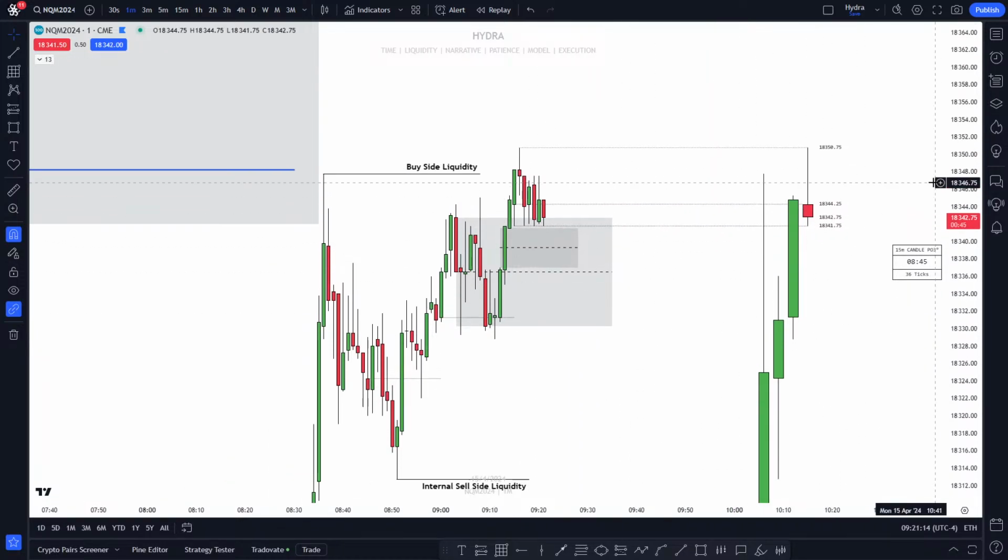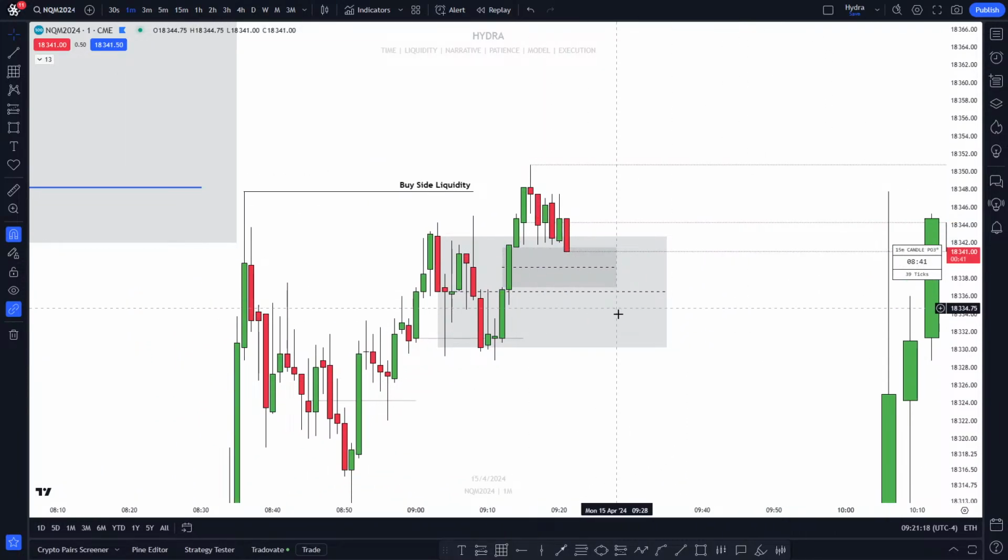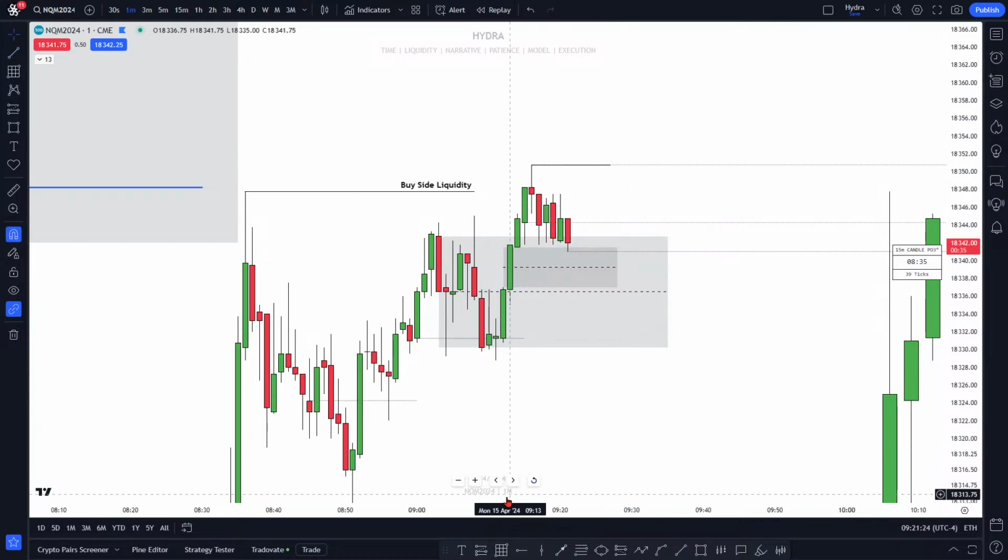It also left some equal lows. I think we're gonna get support again from this bullish fair value gap.